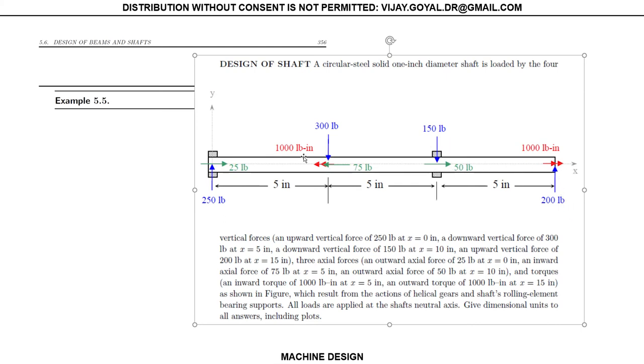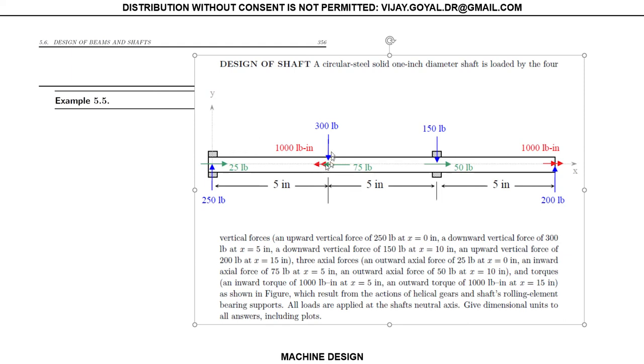And what you ask in this problem is to identify which is the design point. So to do the design point, the first part we have to do is to identify what is the critical location in X. To identify my critical location in X, I need to do 3 section cuts, right?